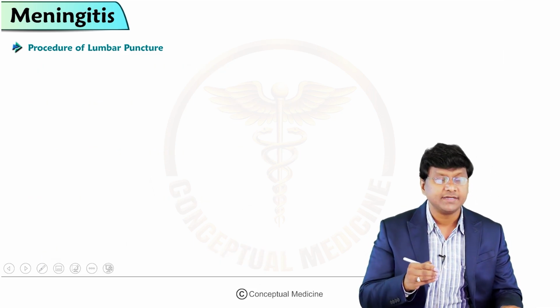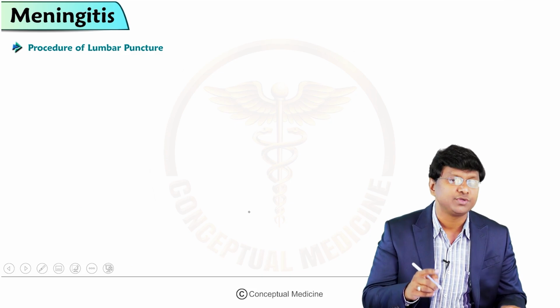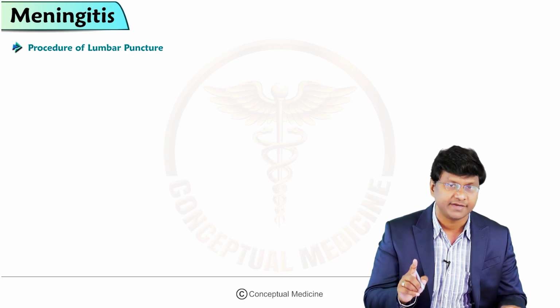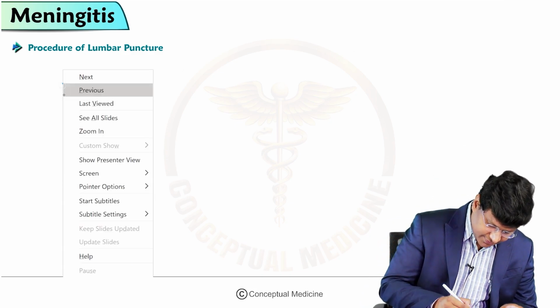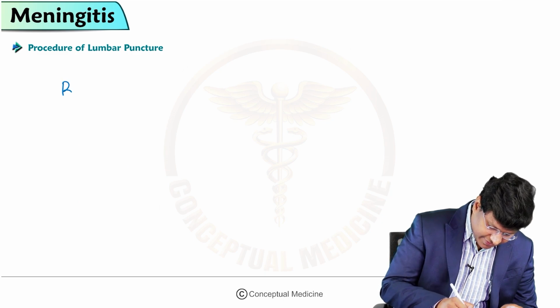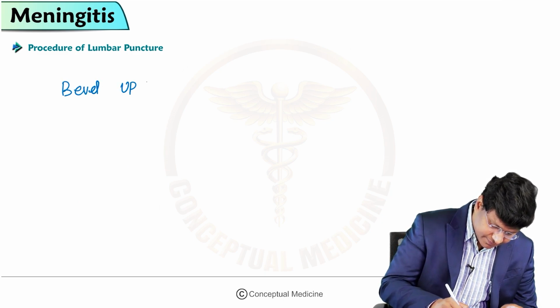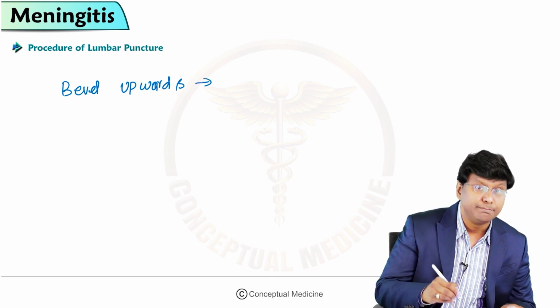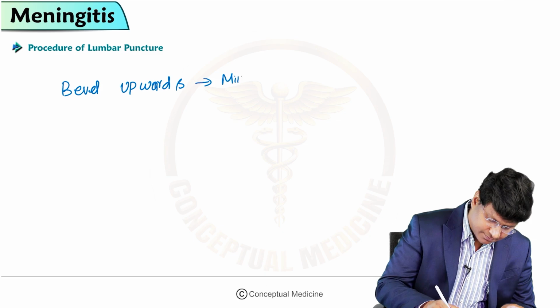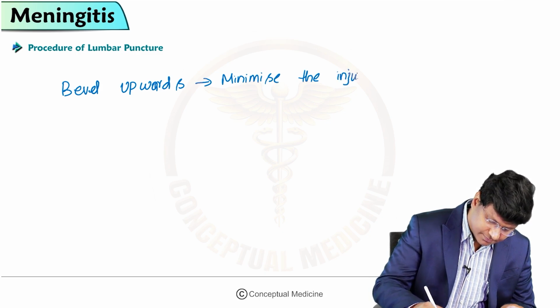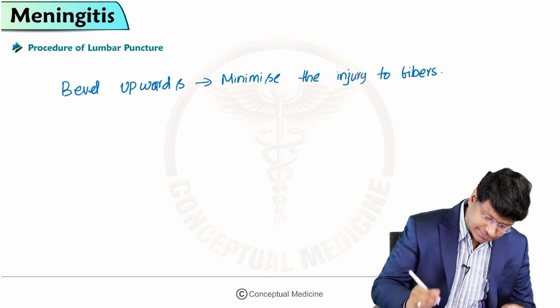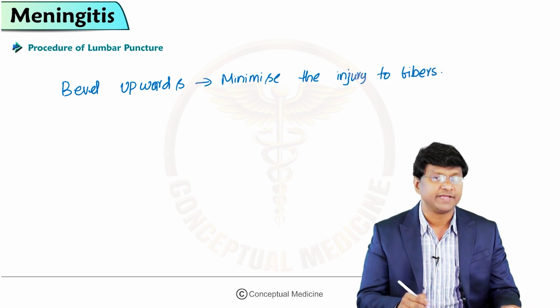The advantage is that this will minimize the injury to the fibers as the dura is penetrated. So why the bevel has to face upwards is to minimize the injury to the fibers.